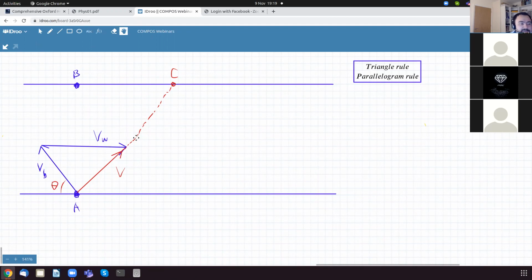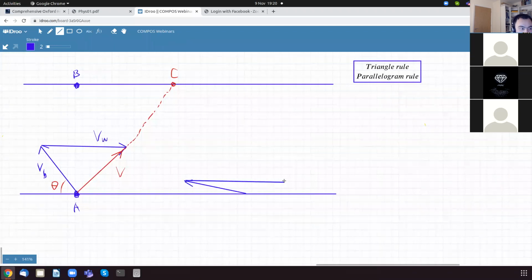And you will see that if you make the angle theta smaller, the water stream is like this, so you will actually end up further. You will end up traveling like this, and you will end up very far.